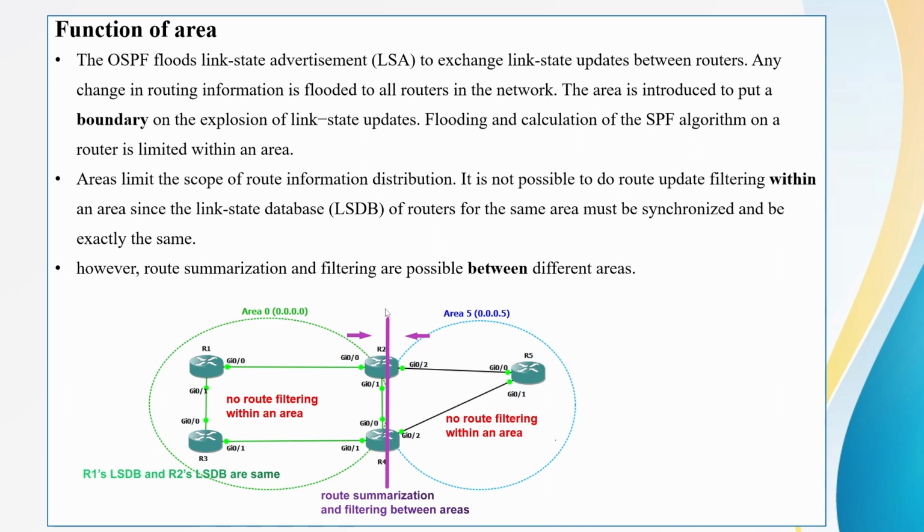So the LSA that comes from R1 is flooded to R2, and then it is flooded over to area 5. That means the boundary router puts the boundary for the LSA flood.